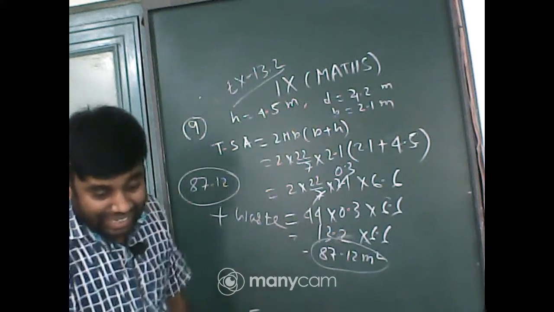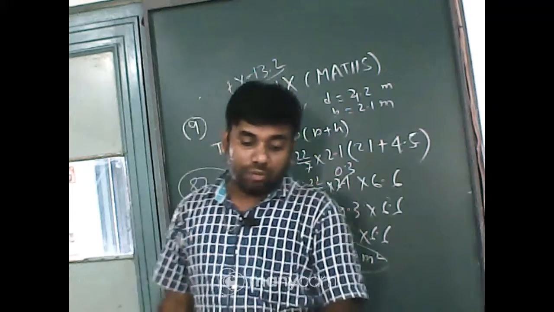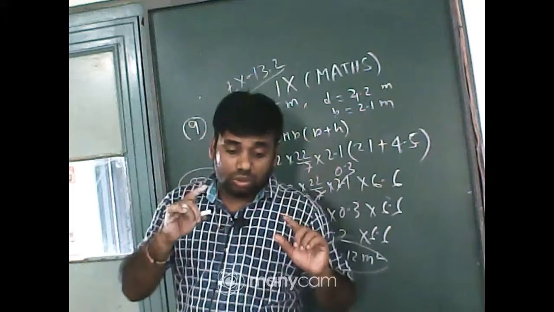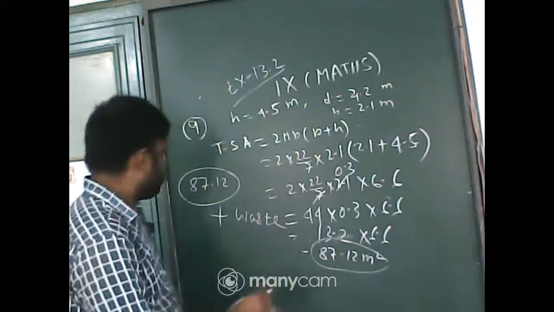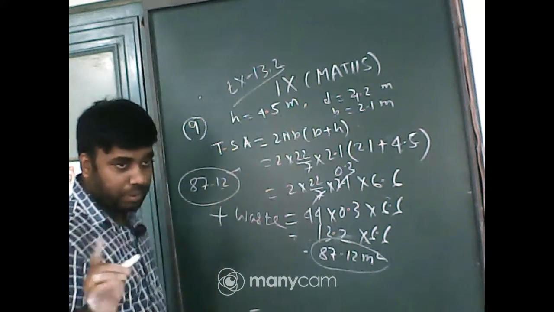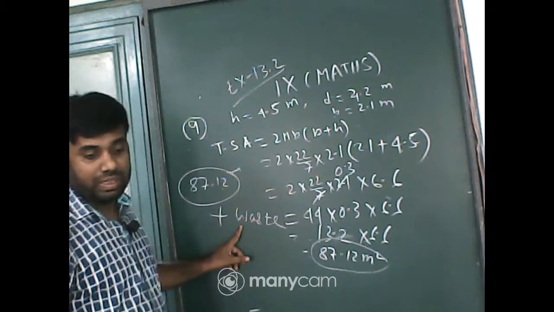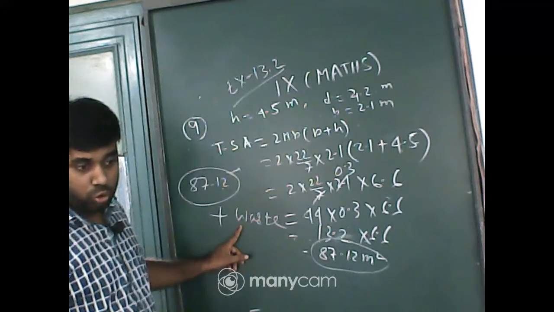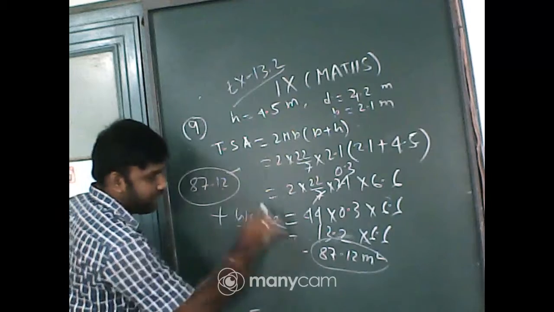Now consider that sentence, 1/12 of the steel is wasted in the making. So how much steel is required? It must be 87.12 plus wasted steel. So total steel required equals 87.12 plus wasted steel.